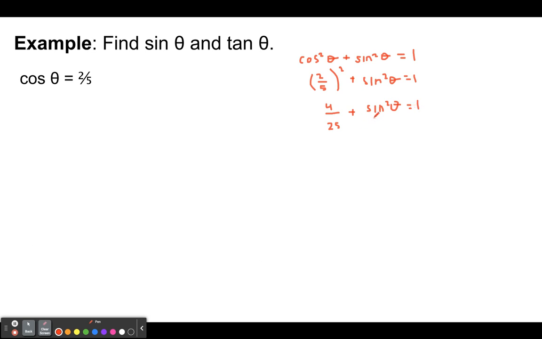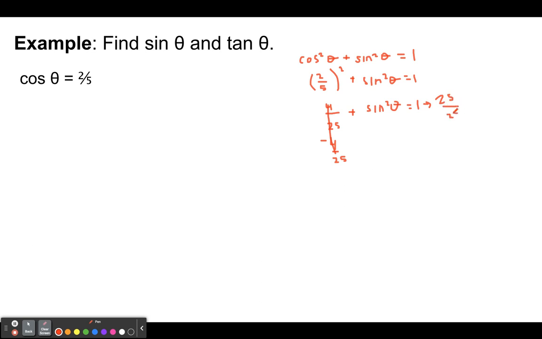Then again, in order to isolate sine squared theta, first I need to eliminate my 4 over 25. So I'm going to subtract 4 over 25 from both sides. So the 4/25 cancels out here. And then I'm going to go ahead and rewrite the 1 as 25 over 25, just because my denominator over there is 25.